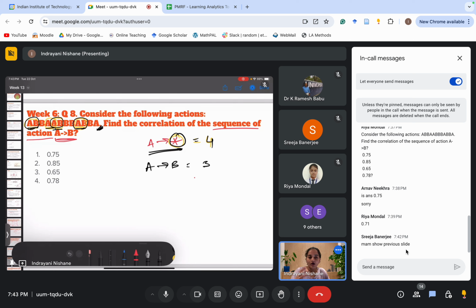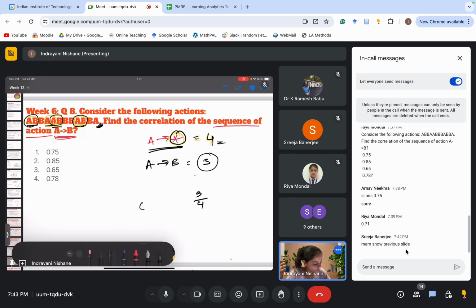Now we'll come to the correlation part: out of 4 transitions of A to any, 3 times it has transitioned to state B. So the correlation between state A and state B is 3 divided by 4, which is 0.75. So this is the answer, 0.75.